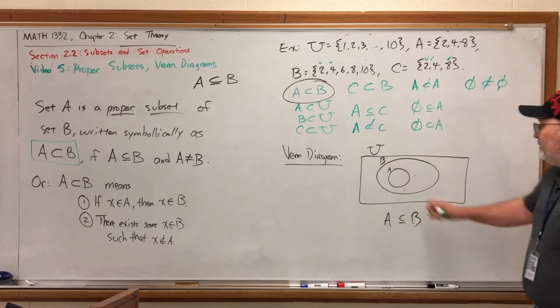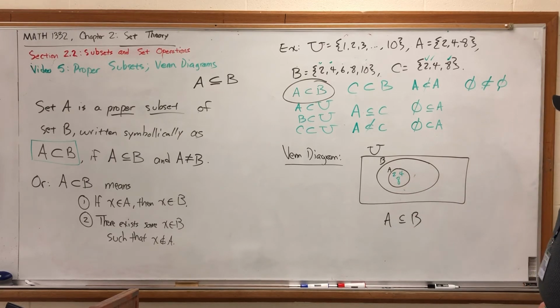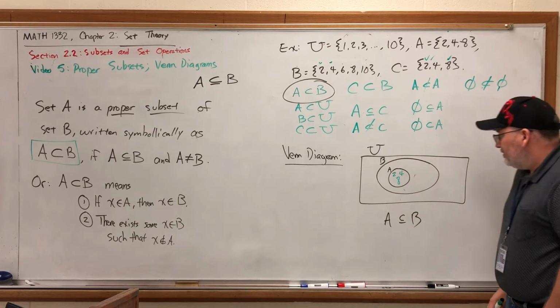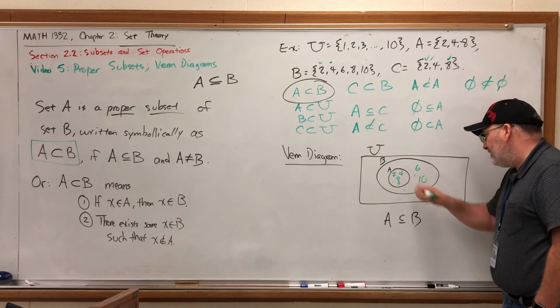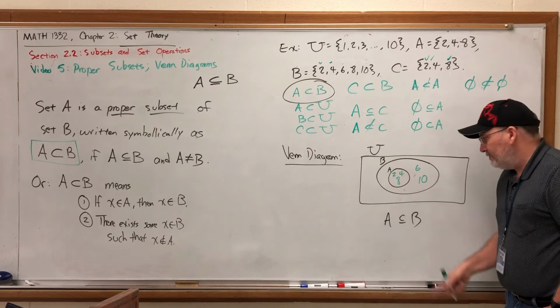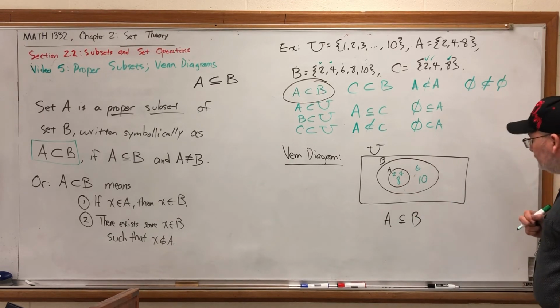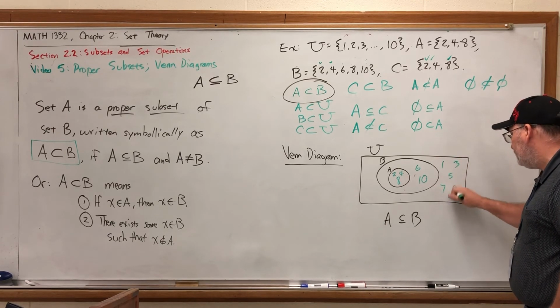A contains 2, 4, and 8, so let's go ahead and put those in there. B contains 2, 4, 6, 8, and 10. The 2, 4, and the 8 are already inside of B, but the 6 and 10 are not, so I need to put them there. If this were a fried egg, that would be the white. The middle would be the yolk. And all the odd numbers live outside of B, 1, 3, 5, 7, and 9.